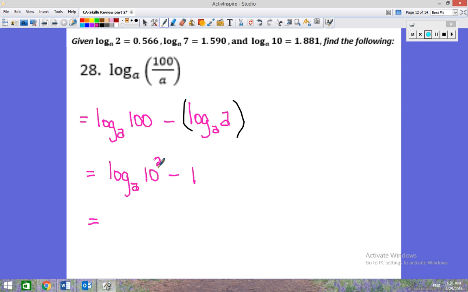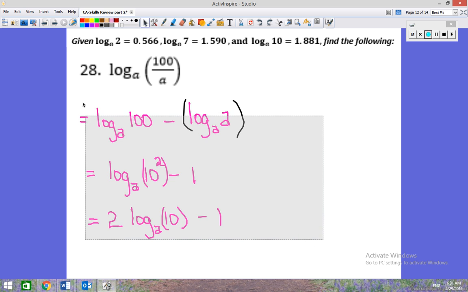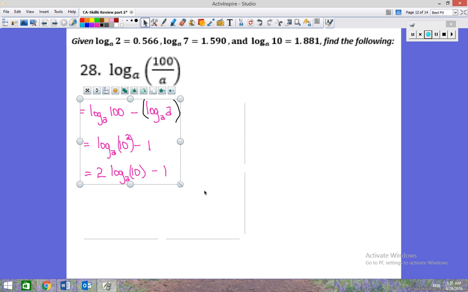By the power rule, this exponent of 2 gets pulled down out in front. Try and write that better as a 2. You know, my A's and my 2's look similar. Now, this subtracting 1 is not part of the logarithm, so that's often why they use parentheses, just to help people read what they need there.